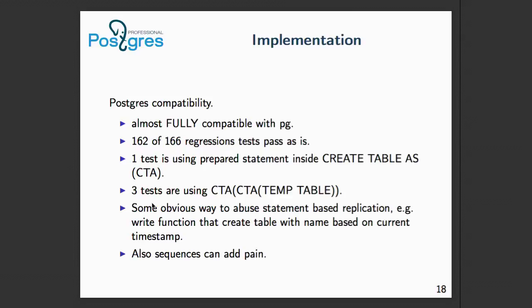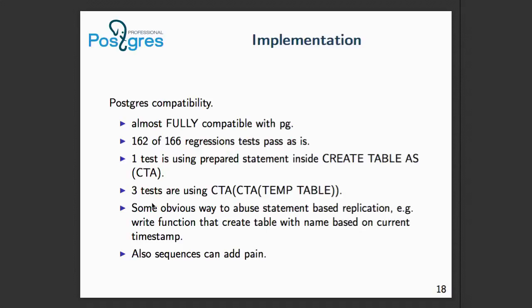There are some strange scenarios in the Postgres regression tests that we don't actually want to fix. It's totally possible to fix them, but we want to leave it as is. One test is using a prepared statement inside create table as, and a prepared statement is something local to a backend. So, I mean, better don't do it like that. Several tests use create table as based on create table as of a temporary table.